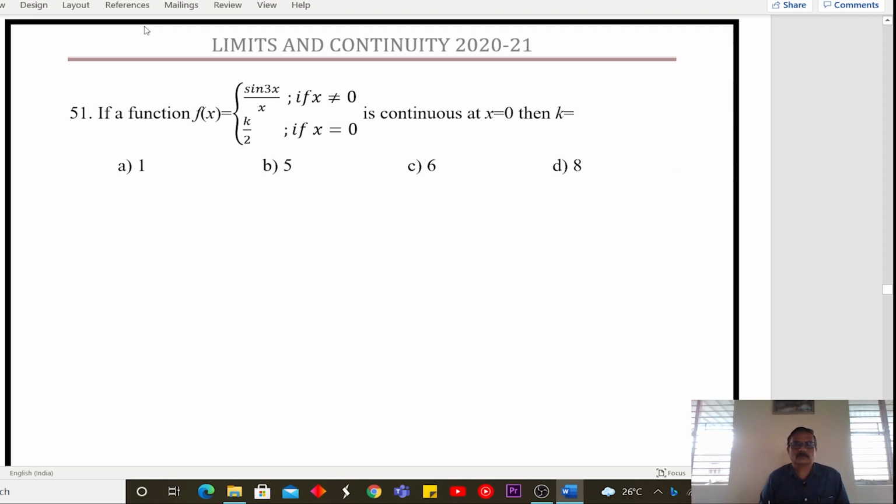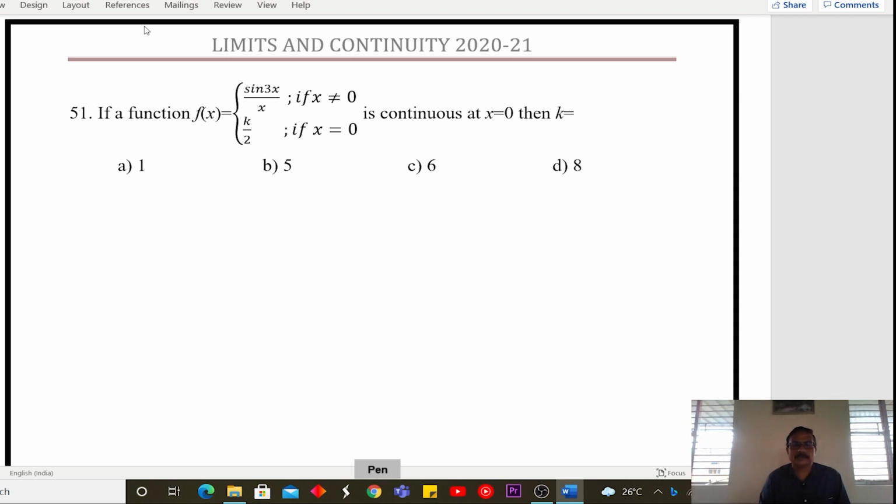Next, question number 51. If a function f of x equals sin 3x by x if x is not equal to 0, and f of x at x equal to 0 is k by 2, is continuous at x equal to 0, then the value of k is?